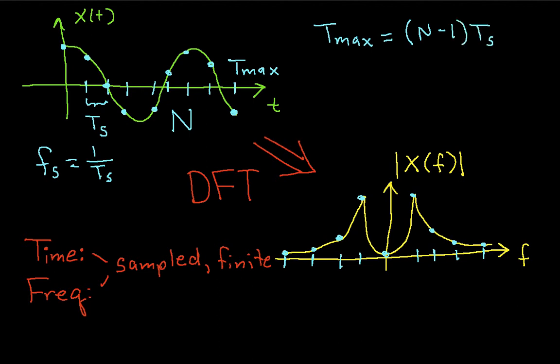I have n minus 1 because that's the number of intervals I have between samples. If I have 9 samples, then I have 8 intervals between samples. So this is a useful expression. Most of the time you know what n and t sub s are, or you know, for example, what t sub s and t max are, and you can use two values to compute the other one.